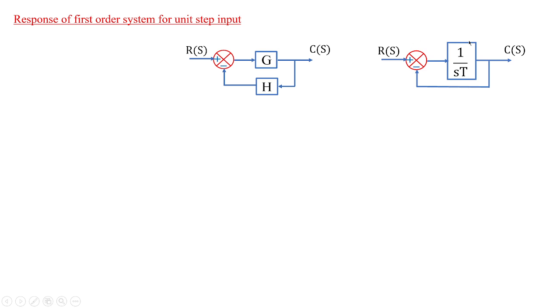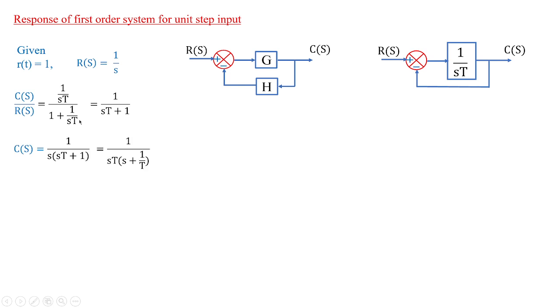The time domain input is 1, and the frequency domain input changes to 1 by s. We remember the formula of transfer function, that is C(s) by R(s) is equal to 1 by sT by 1 plus 1 by sT.